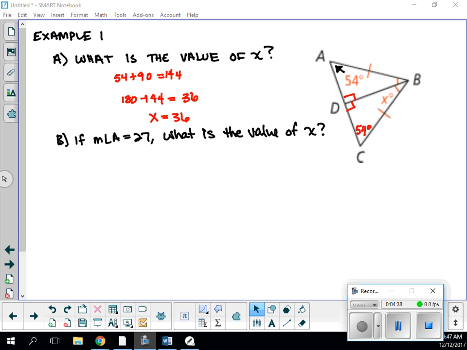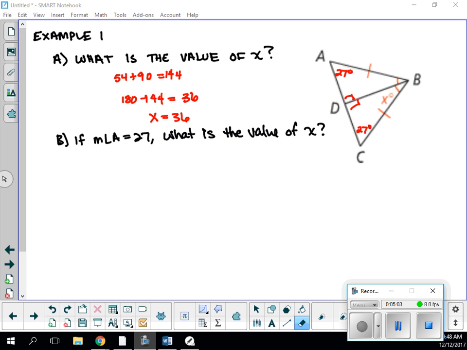Now for part B, same drawing, except this angle is now 27. I still have 90s.